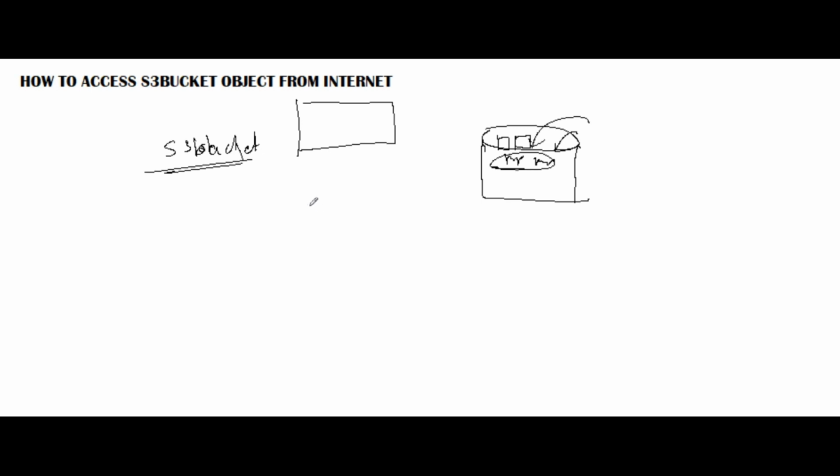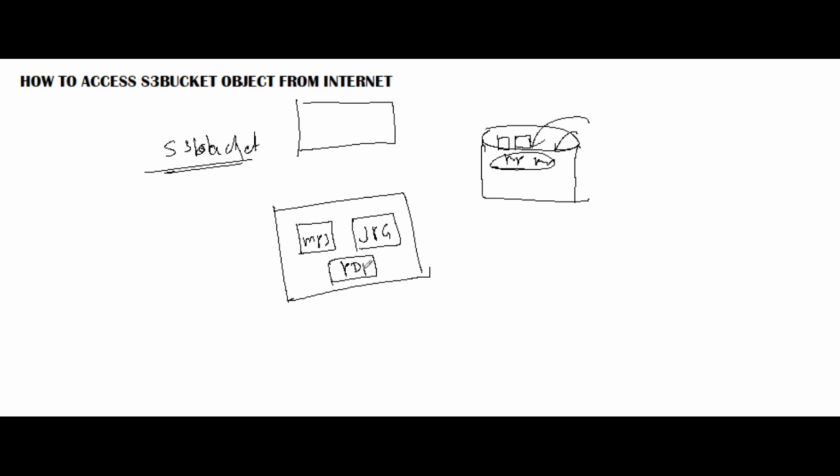Let me explain. For example, this is our S3 bucket. Inside this S3 bucket we have kept some MP3, for example, this is our JPG file, this is our PDF file.